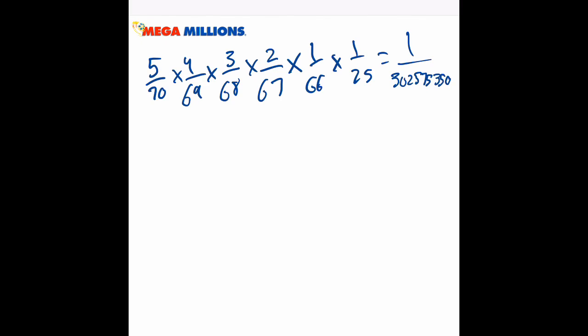Put into context, it brings us exactly back to our given odds, 1 in 302,575,350. This is the exact chance of winning the jackpot of 100 million.